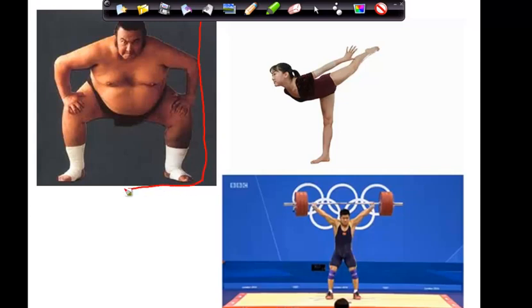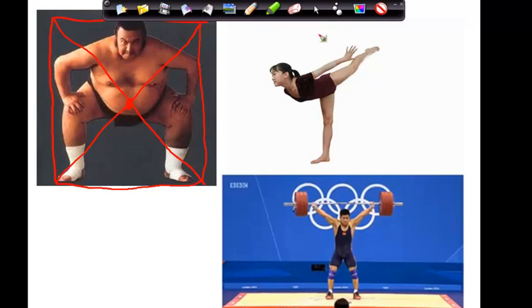Sorry about my drawing of the lines, I apologise once again. As I've drawn a box around my sumo wrestler, I have to draw diagonal lines all the way to the other side, and then to the other side. Where those two lines intersect is known as my centre of mass. For this sumo wrestler, his centre of mass is pretty much close to his belly button there.